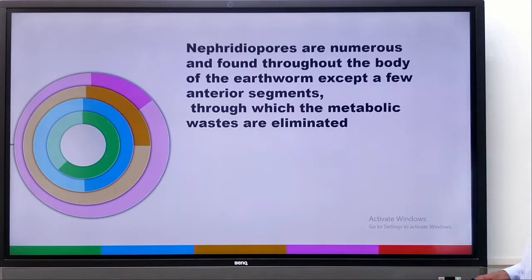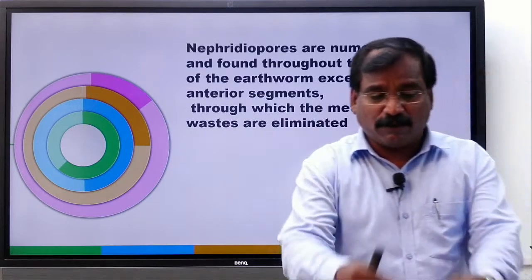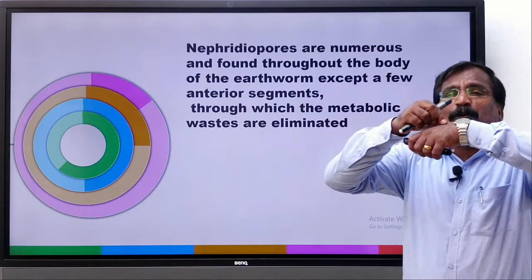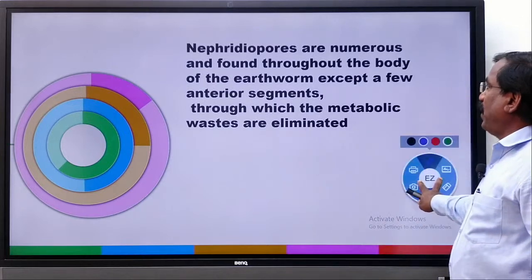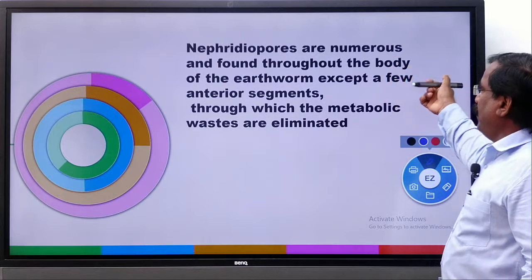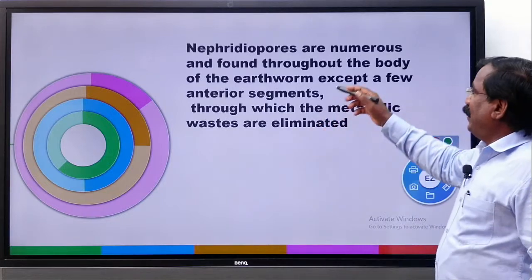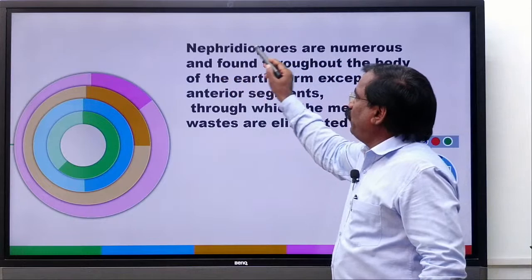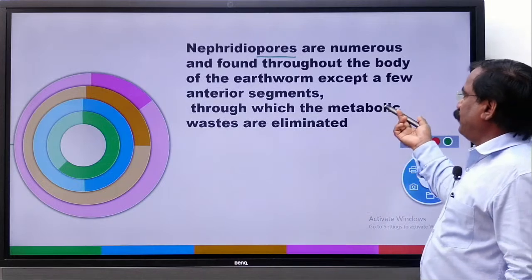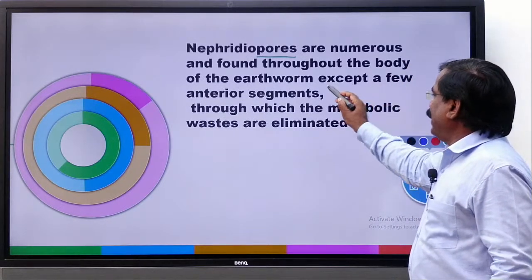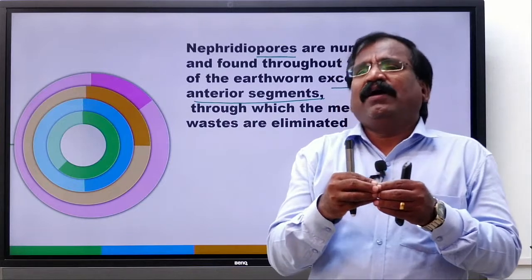Okay, and nephridiopores. I said the nephridium, the excretory structure, opens to the exterior through the nephridiopores. Just as we have sweat pores through which sweat comes out, the earthworm has nephridiopores. They are many openings, like sweat pores on our skin. Nephridiopore means opening. Nephridiopores are numerous throughout the body, except for a few anterior segments, say 2 or 3 segments.